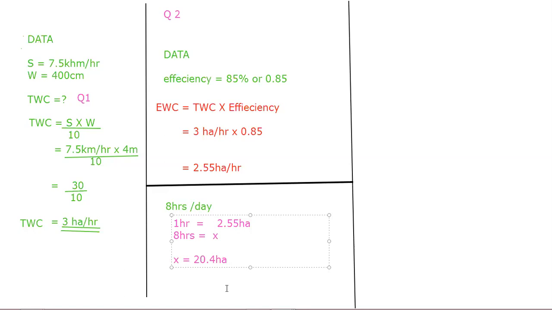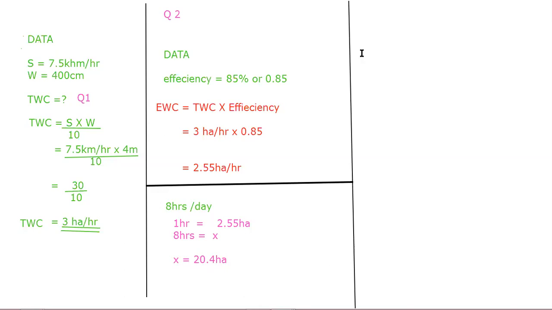This 20.4 hectares is the land that they are able to plow in 1 day, since the operator works 8 hours per day.